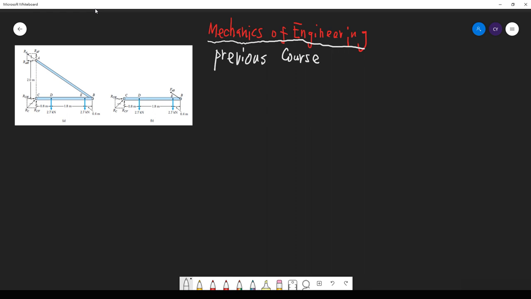So here, I don't want to repeat more because we don't have enough time. Maybe physics you already learned before. I directly give you the answer. The reaction at A equal to 5.5 kilonewton.